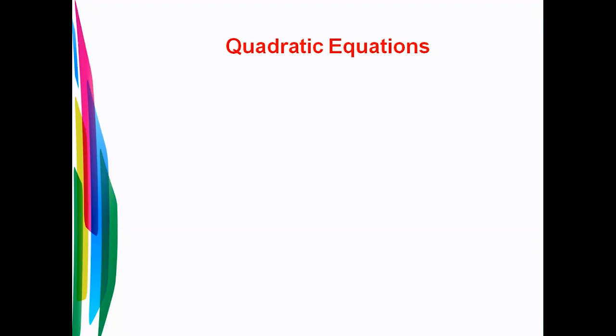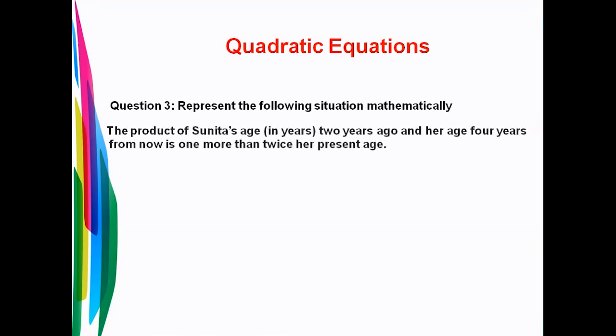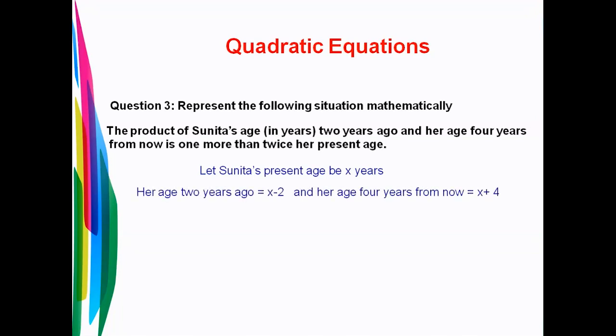So this is the way we have represented a situation mathematically. Now I am taking another example. Represent the following situation mathematically. The product of Sunita's age in years 2 years ago and her age 4 years from now is one more than twice her present age. So how are we going to start? We are going to start with the present age. Let her present age be x years, then her age 2 years ago will be x minus 2, and her age 4 years from now is x plus 4.